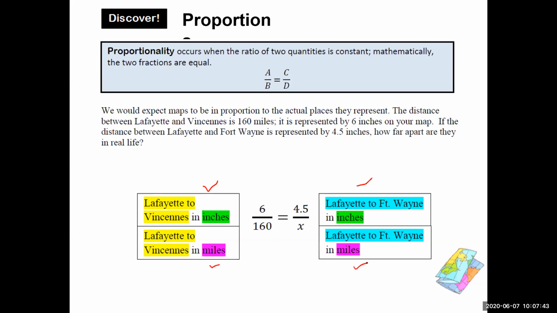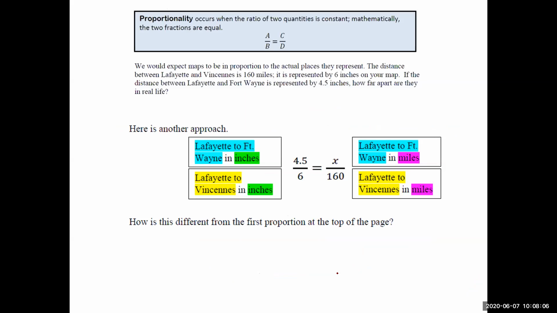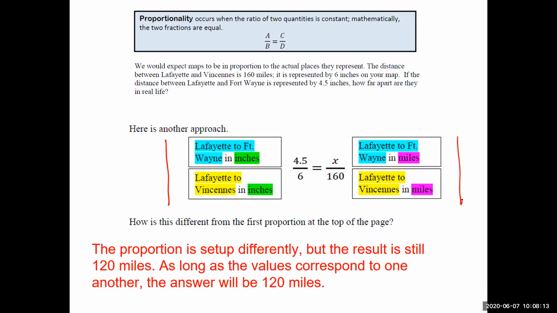This is the first method. I won't spend much time on this because I want to be as practical as possible, so I'll use some examples to explain this better. Either you set same unit across, all right? Or the other way is that you set same unit vertically. And either way, you get the same result.